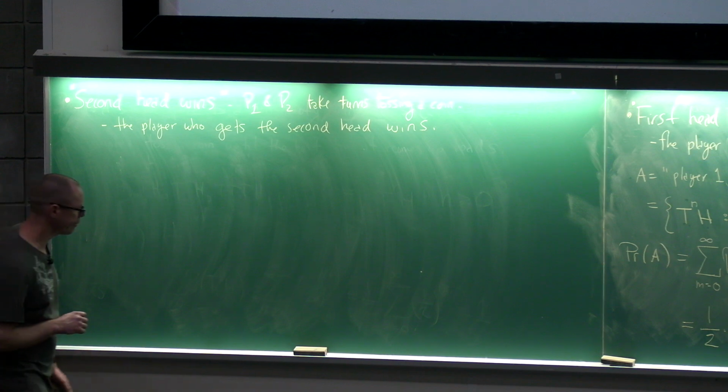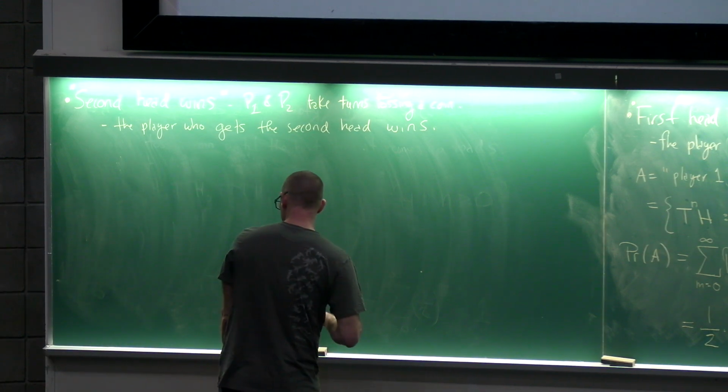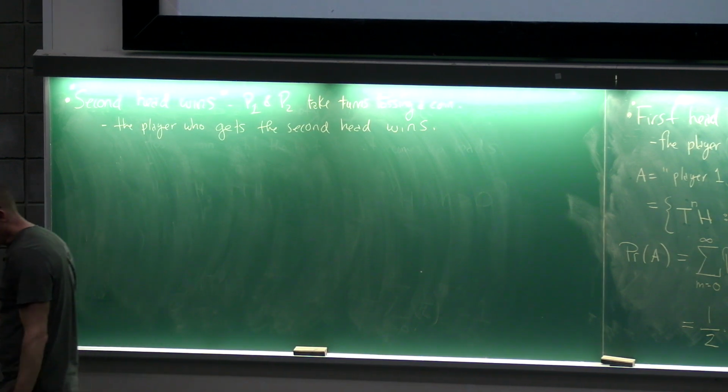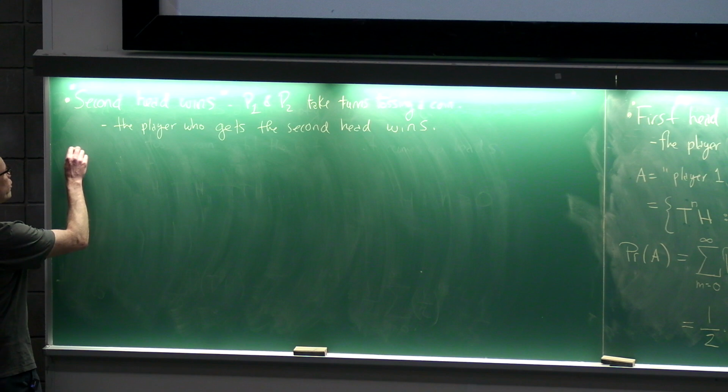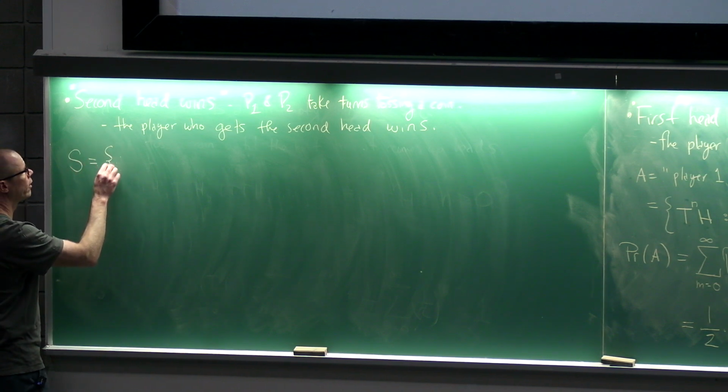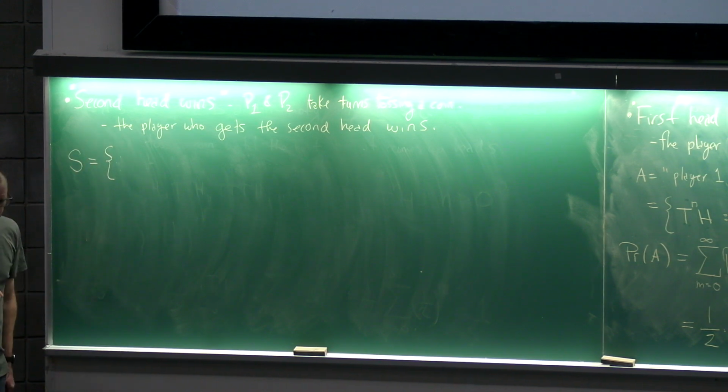So, we have to start from the beginning because nothing of what we've done so far is really complete enough. So, from the beginning we need to define our space of possible outcomes of this game.